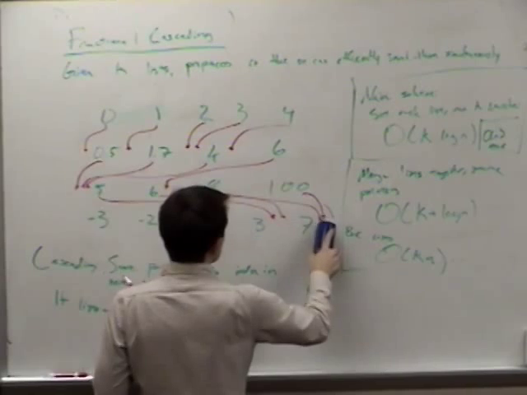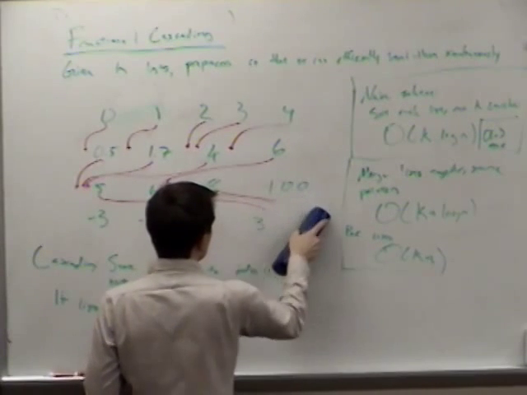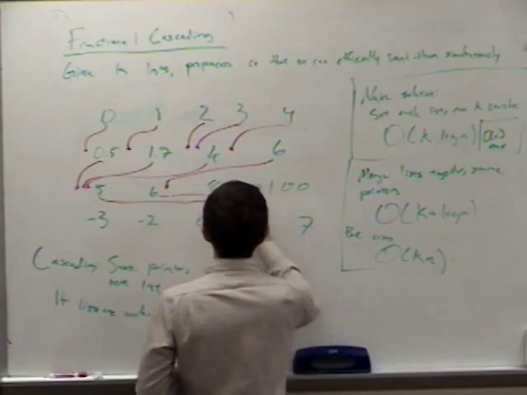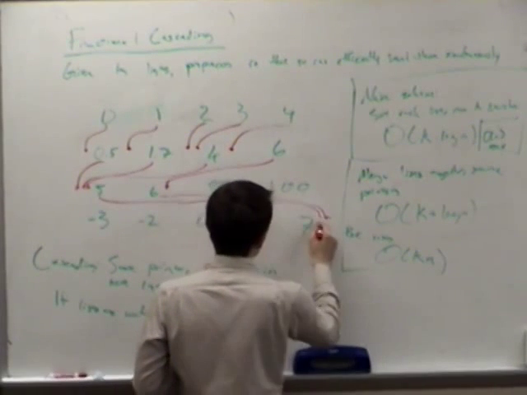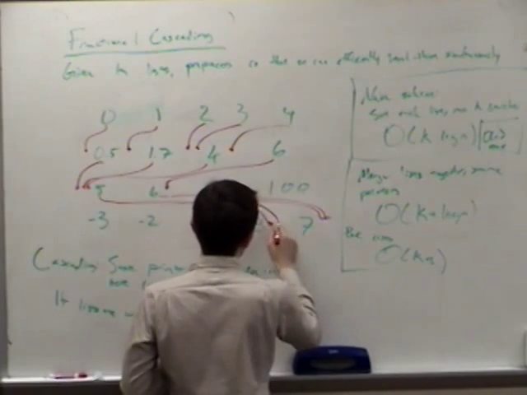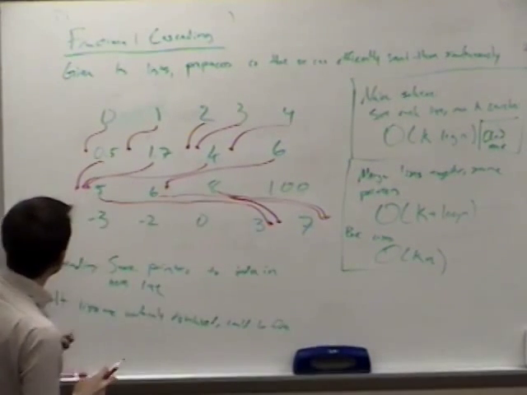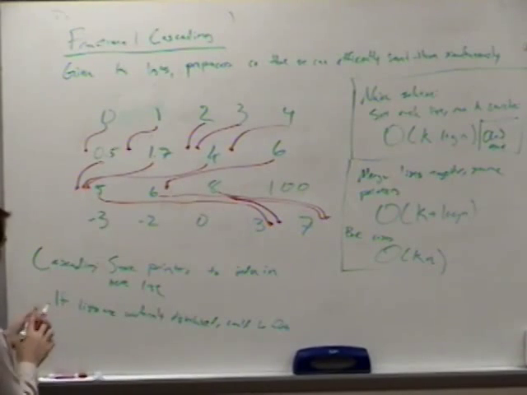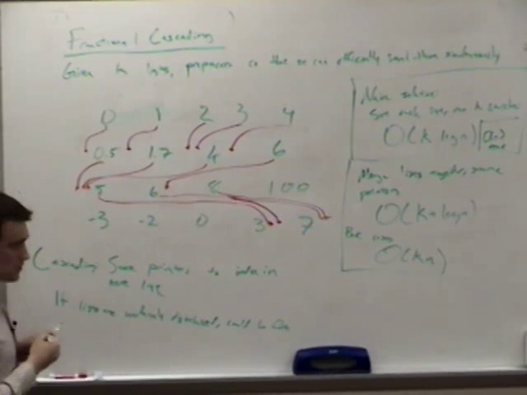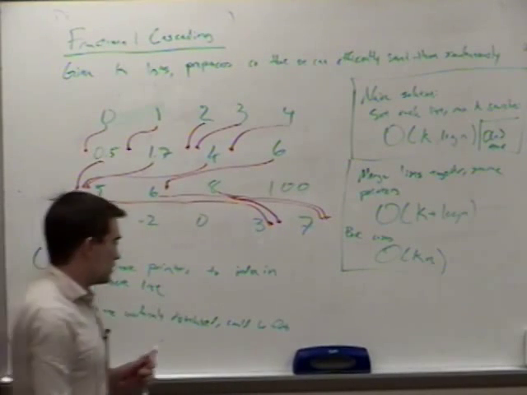So let's do that. I'm going to build a brand new data structure here. Actually, we'll keep these pointers intact. What I'm now going to do is add these new elements here. I wish I had another color. I'm going to try one of these black markers.